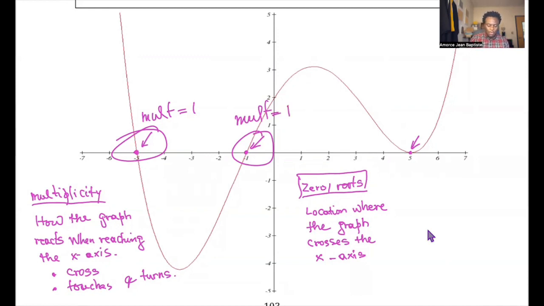Well, we have only 2 because the sum of the multiplicities will give you the degree of the polynomial. So this one touches and bounces, so that makes it an even multiplicity. But since the degree of the polynomial, we said earlier, was 4, we already have 2, so even makes this one 2.